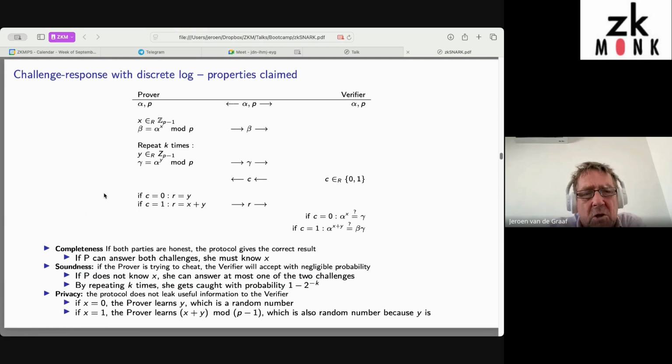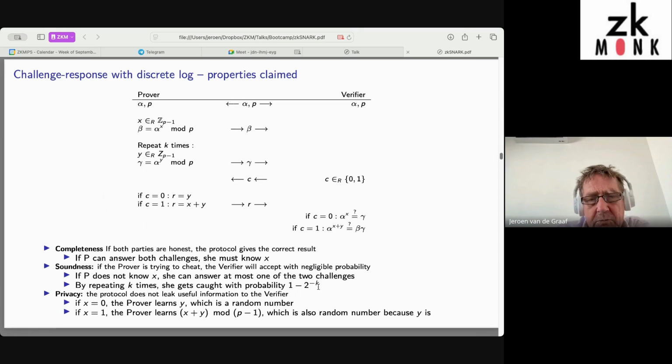So if it doesn't know x, it cannot. So the prover will have to make a choice: do I anticipate a challenge bit which is 0 or a challenge bit which is 1? And if it gets it wrong, then you can show that it will not be able to succeed. So in every round, it has only a probability of 1/2 to succeed.